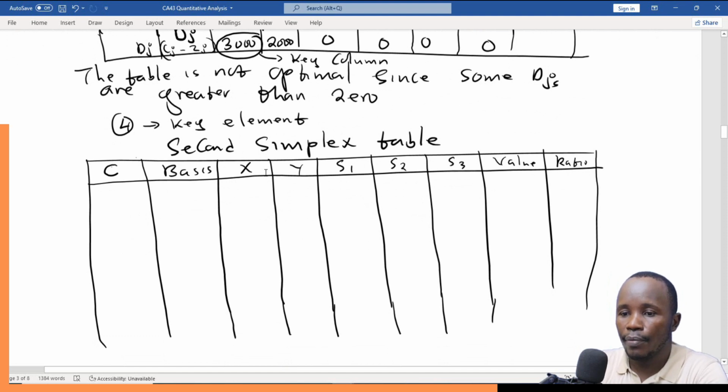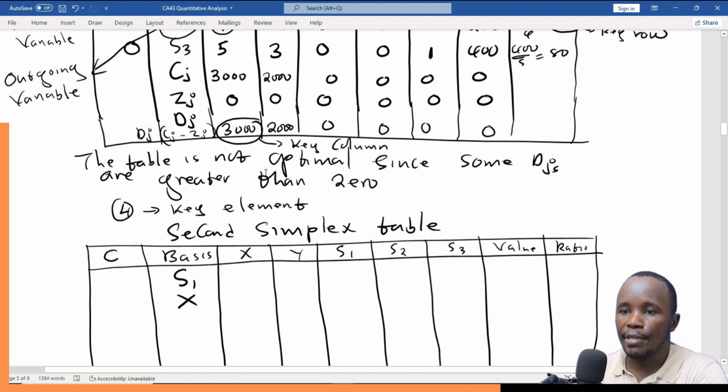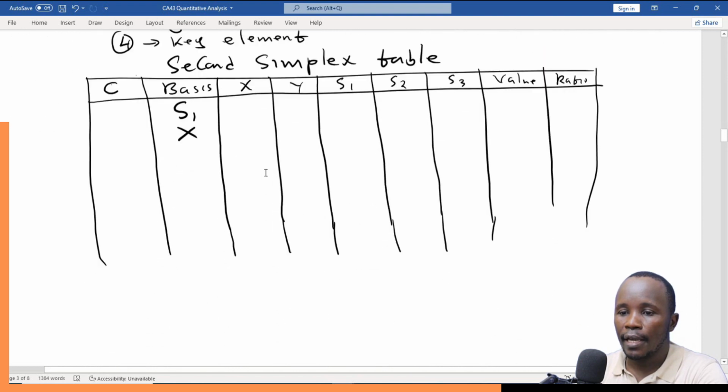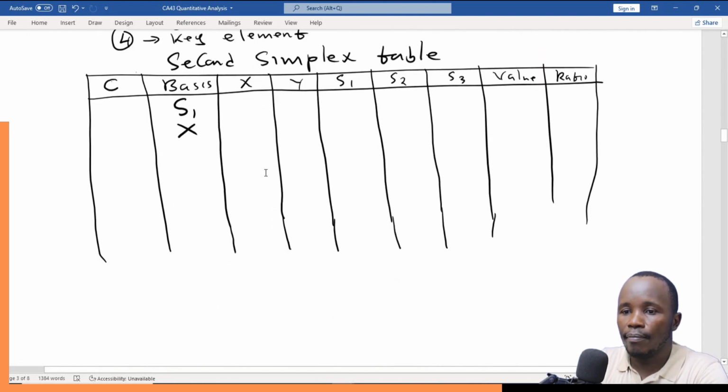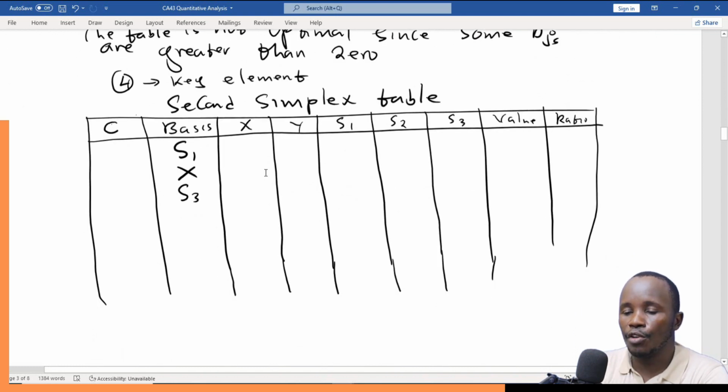Then S2 has been replaced by X. S3 is still there. I still have my Cj. We said Cj is not going to change.